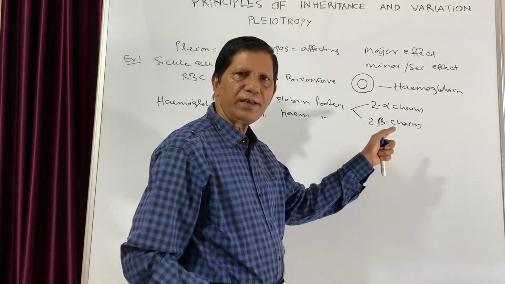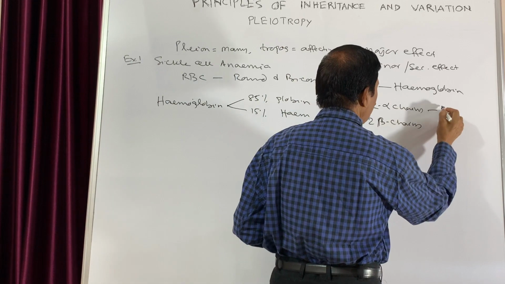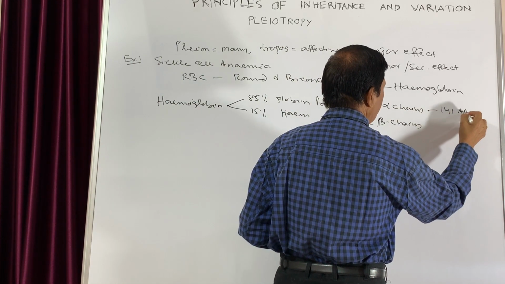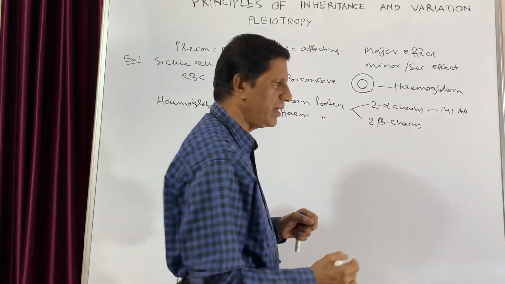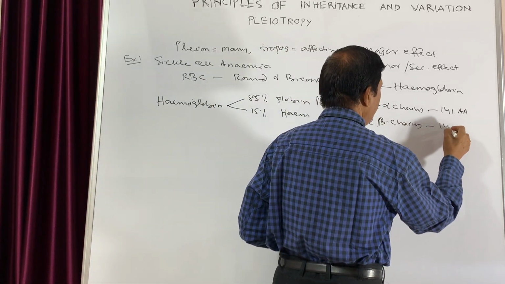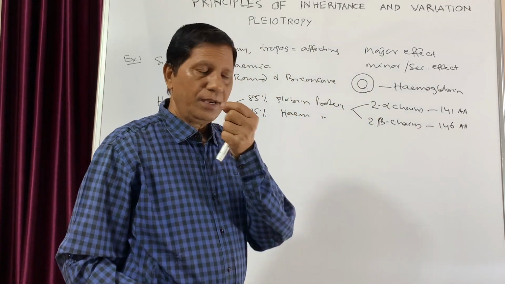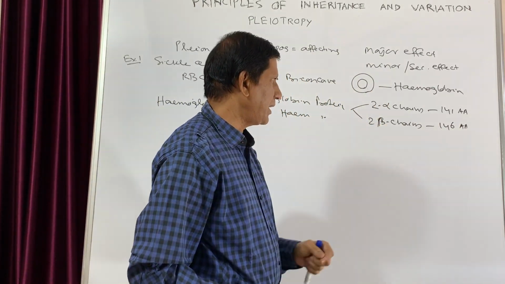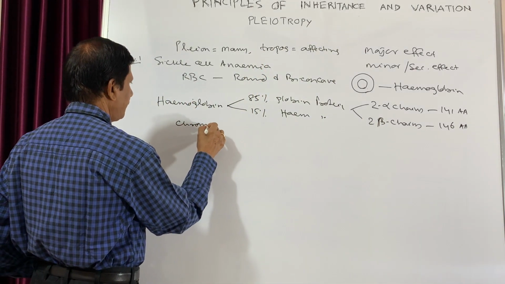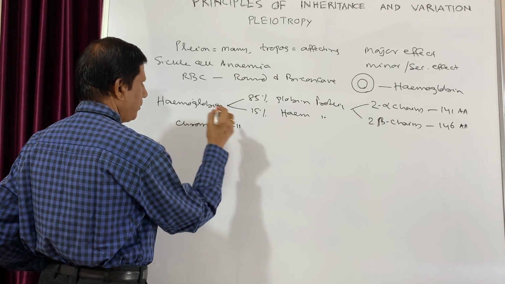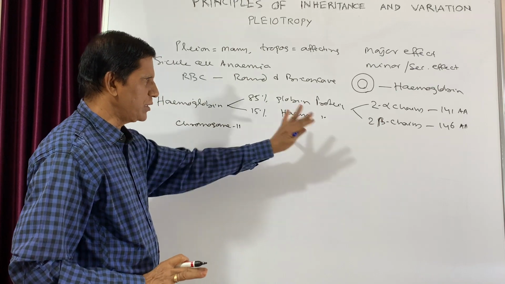Each alpha chain contains 141 amino acids, while each beta chain has 146 amino acids. And the gene for synthesis of the beta chains is located on chromosome number 11. Chromosome 11.